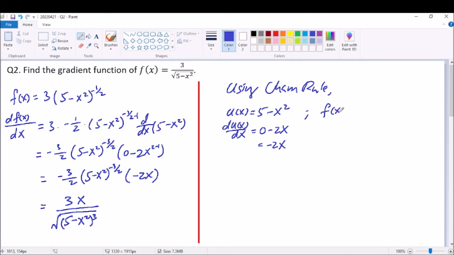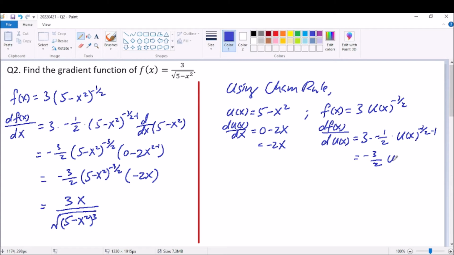And function f(x) equals 3 u(x) to the power minus half. df(x) over du(x) equals 3 times minus half, u(x) to the power minus half minus 1, equals minus 3 over 2 u(x) to the power minus 3 over 2, and it is minus 3 over 2 square root of u(x) cubed, which is (5 minus x squared) cubed.